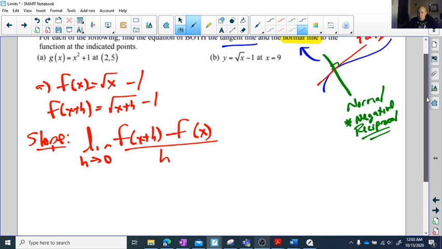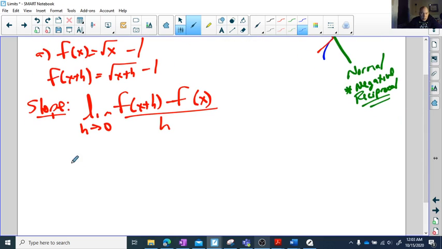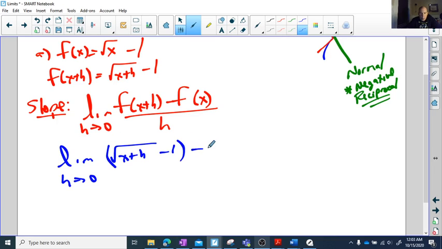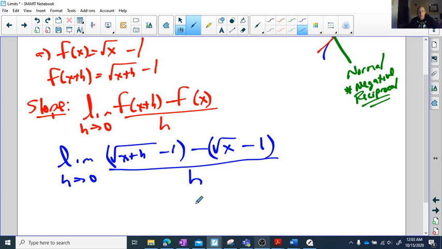So I'm going to f of x plus h, so limit as h goes to 0, square root x plus h minus 1, minus square root x minus 1, all of that divided by h.